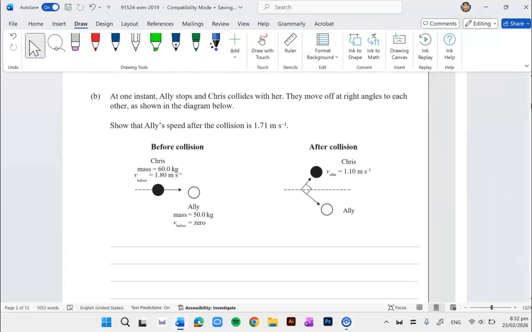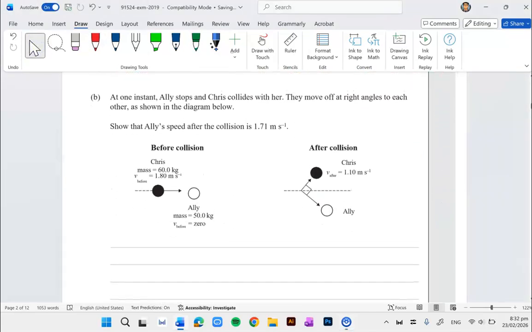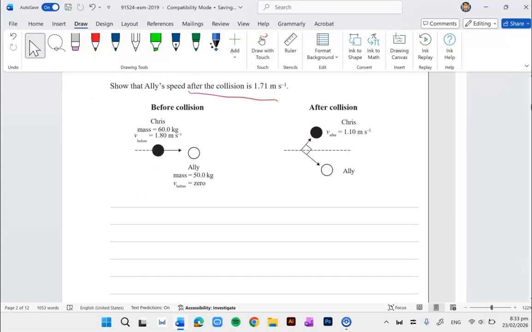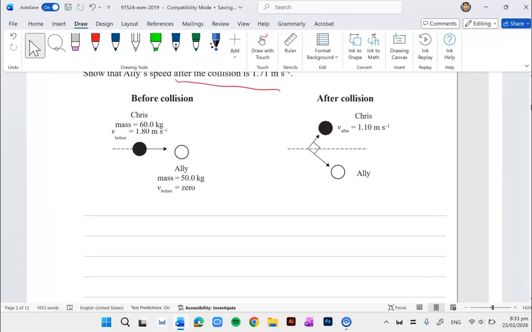Part B: at one instant, Ellie stops and Chris collides, and they move off. Show that Ellie's speed after the collision is 1.71. Again, this is related to the momentum concept. What we should do first is find the initial momentums of both Ellie and Chris.